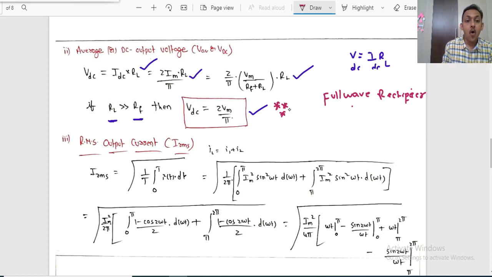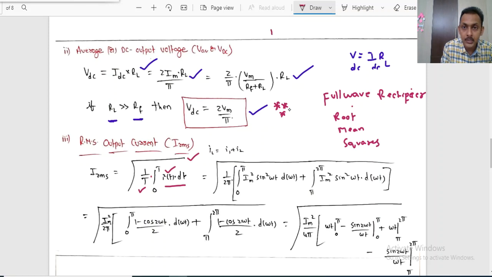Now, the RMS value: root of the mean of the squares. You take the square root of the average value of the squares of the current, I square of t dt, integrated within the limits 0 to T, times 1 by T, and we take the square root of that.